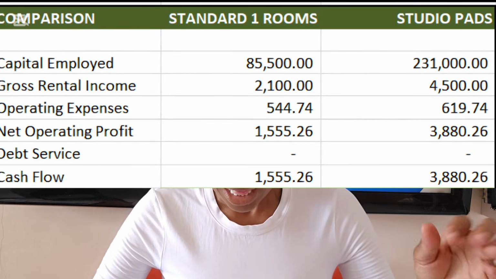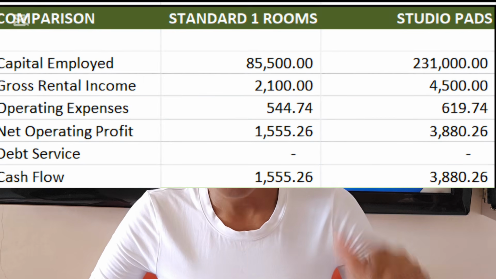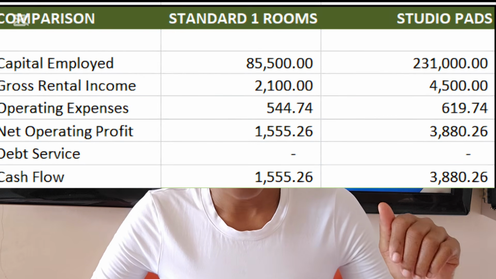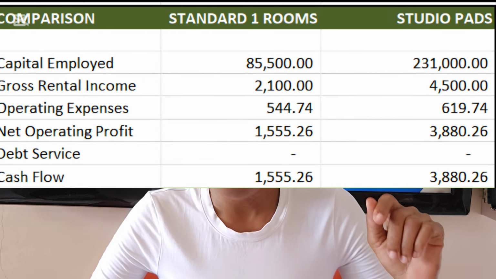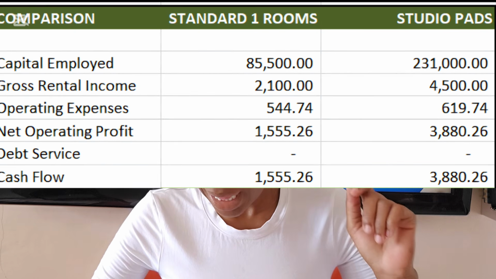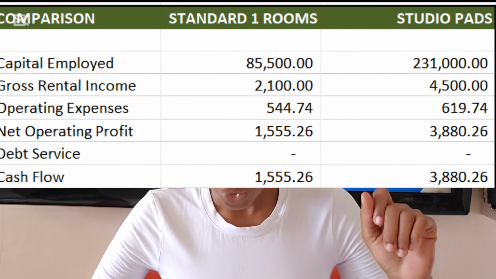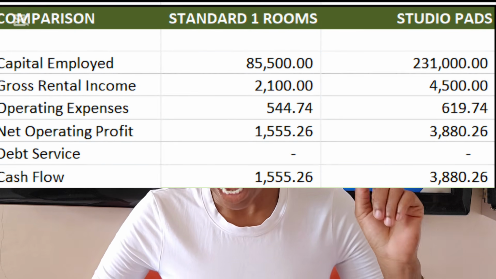This is now our cash flow, money that's coming to us after deducting all expenses, including the debt service if it's there. That cash flow for the standard one rooms is 1,555.26 thebe, and that cash flow for the studio pairs is 3,880.26.